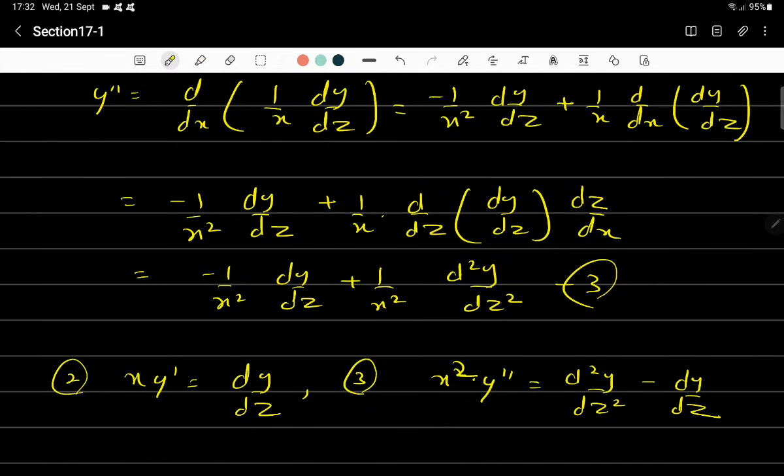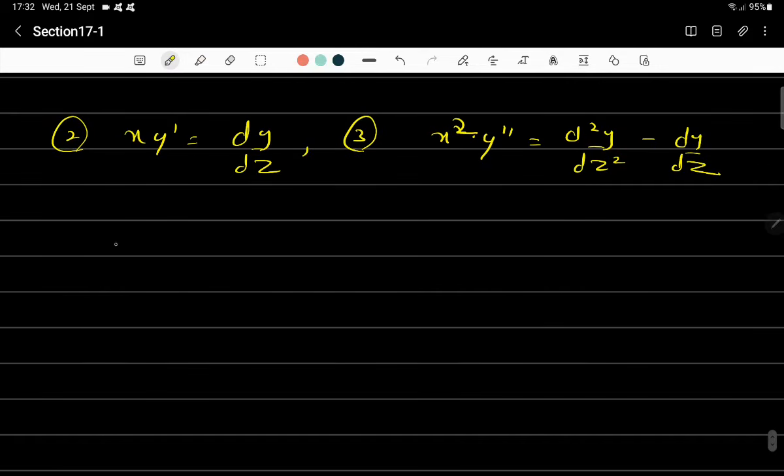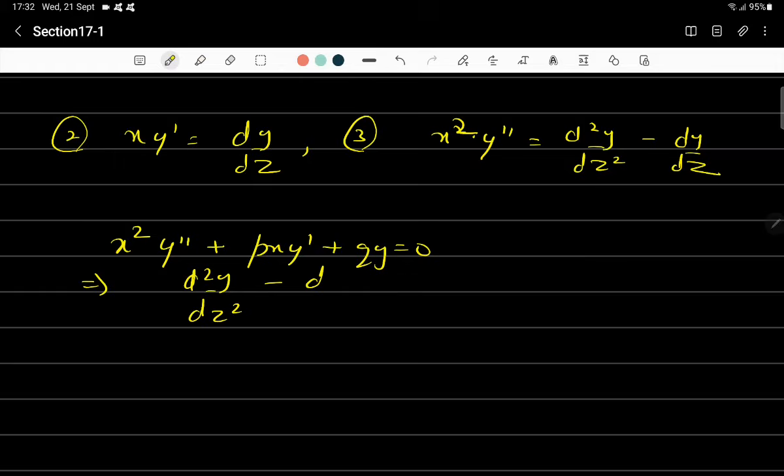Putting these two values into equation 1, which is x square y double dash plus pxy dash plus qy is equal to 0, we get d2y by dz square minus dy by dz plus p times dy by dz plus qy is equal to 0.